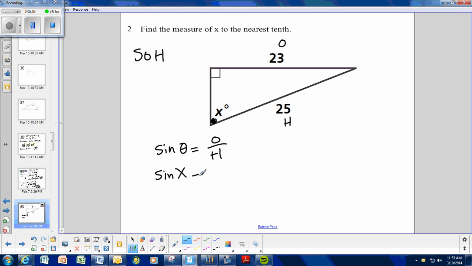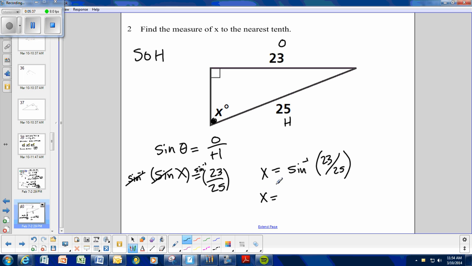Sine of x equals opposite over hypotenuse. To get rid of our sine, we're going to take the inverse sine of both sides. Inverse sine and sine cancel each other out, so our angle would be inverse sine of 23 divided by 25.